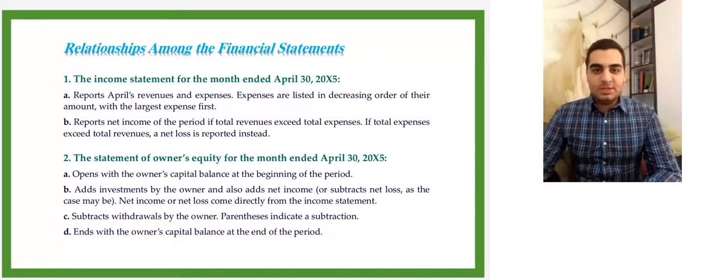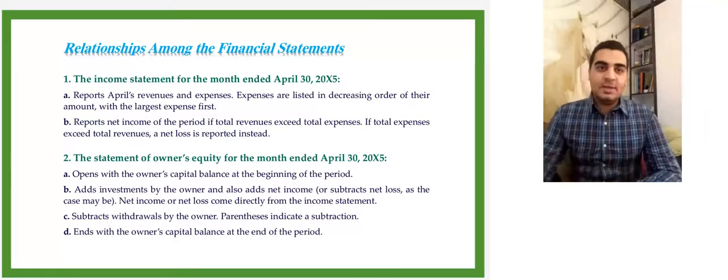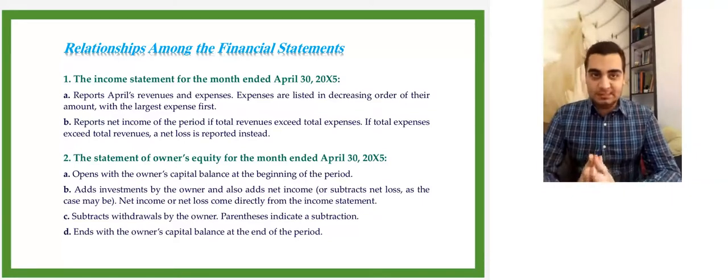In this page, we're going to examine the relationships that exist among the financial statements. In other words, we're going to show you how financial statements are prepared, and that one cannot exist without the others, and you're going to find out why. Usually, the first financial statement that we prepare is the income statement, and here we're going to prepare it for the month ended April 30th, 20x5. First, you need to know that it reports revenues and expenses.